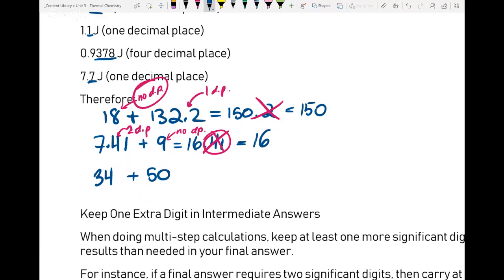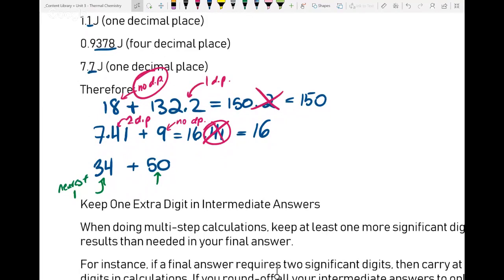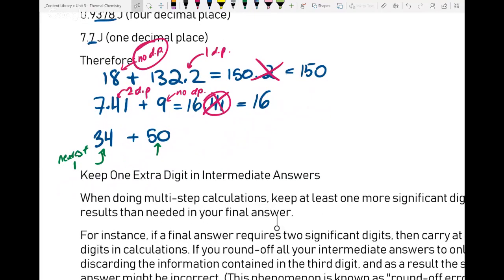In the last example I gave you here, 34 has no decimal places, but it's the nearest 1. 50 has no decimal places, and that 1's ambiguous. That 0, we don't know if it's measured or not. So this is actually to the nearest 10. And we have to go with the least precise. Nearest 10 is less precise than the nearest 1.